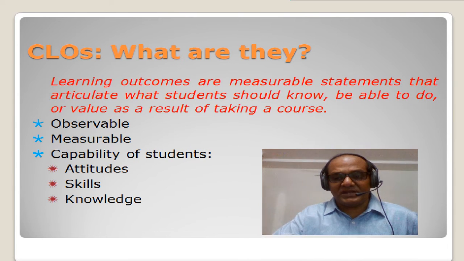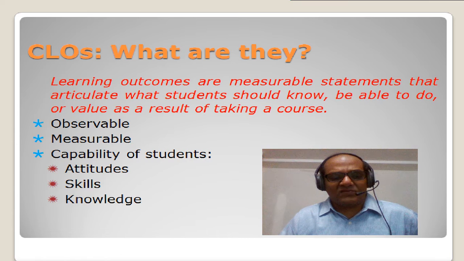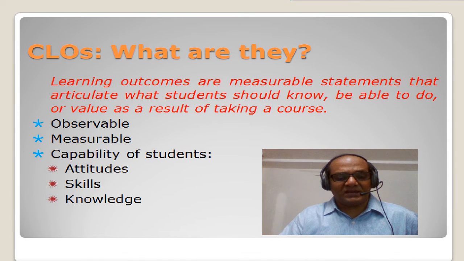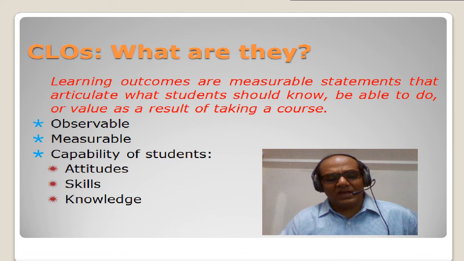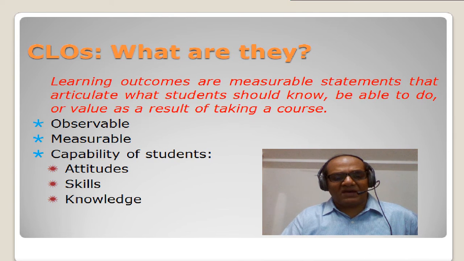Because if two students take a class, both of them understand the course in different ways. Each student has a perspective and way of learning. If two students take the course, how would you rate which student learned which component of the course well? If you need to do that, you need to have clearly specified learning outcomes.